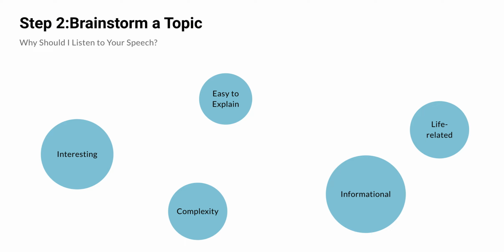And also when you're brainstorming a topic, you want to make sure that it's easy to explain and it's not too complex. Because with a speech, you usually don't have too much time and you don't want to put a lot of jargon in it. First, it will maybe make your speech sound boring, and it will make some of the audience unable to understand your topic and be confused.